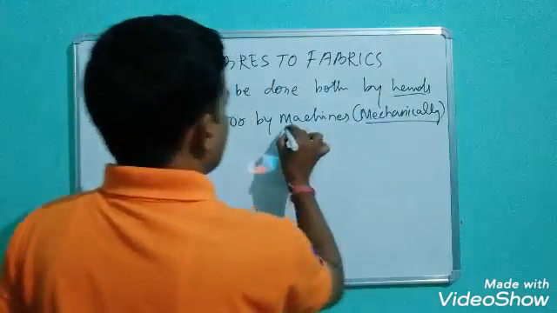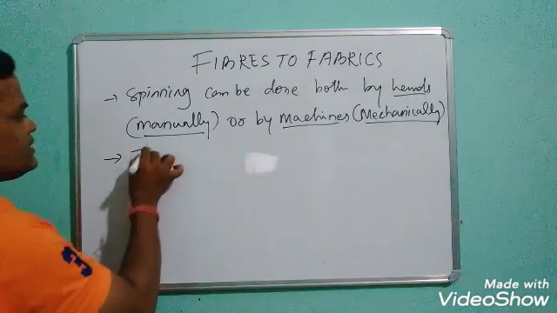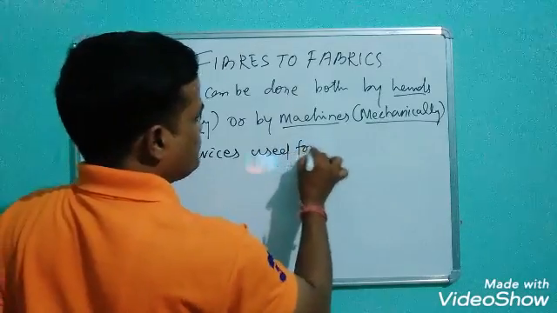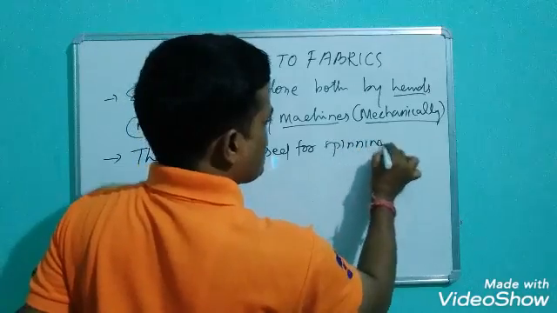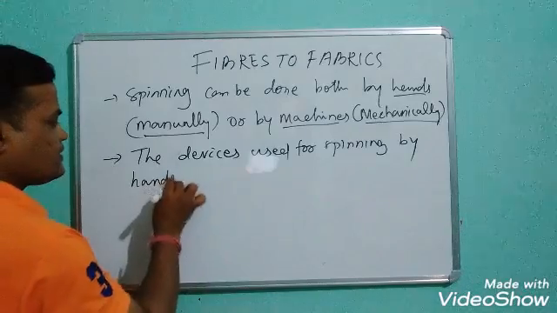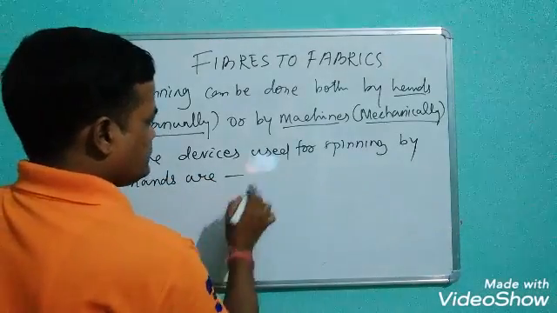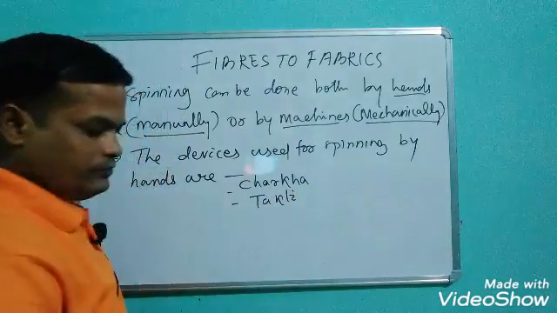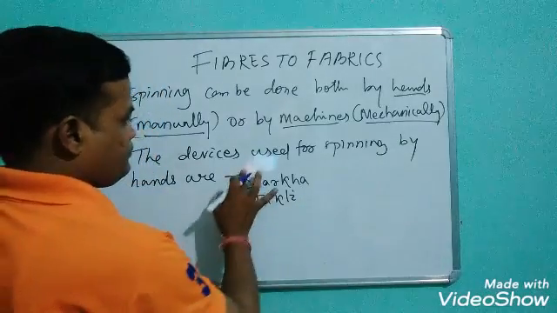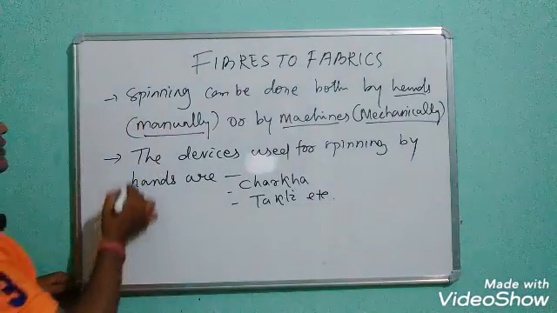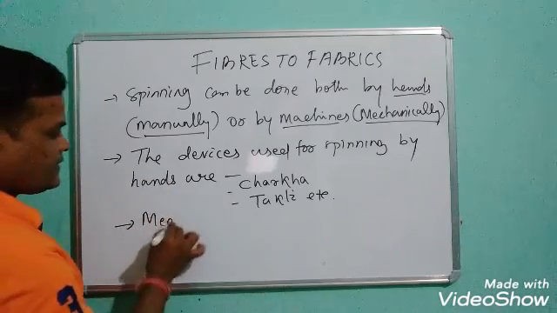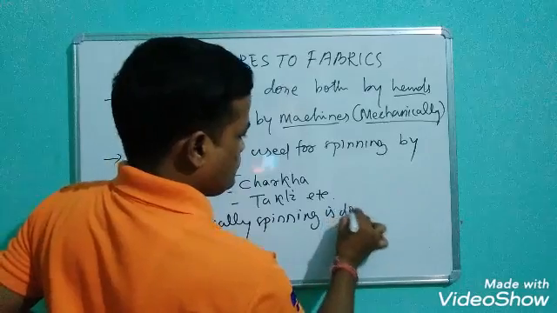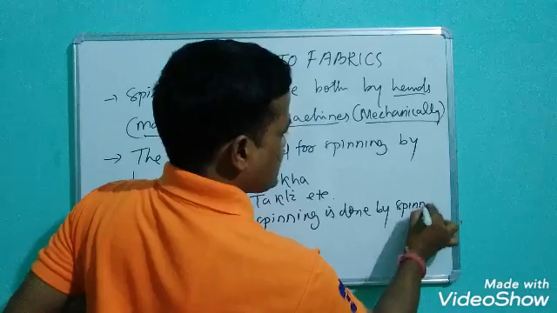The devices used for spinning by hands are charkha and takli, and mechanically spinning is done by spinning wheels.